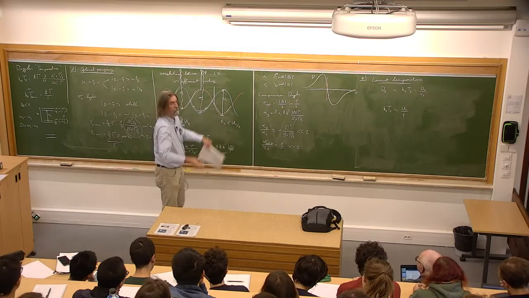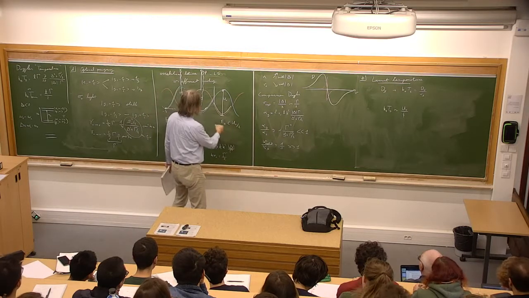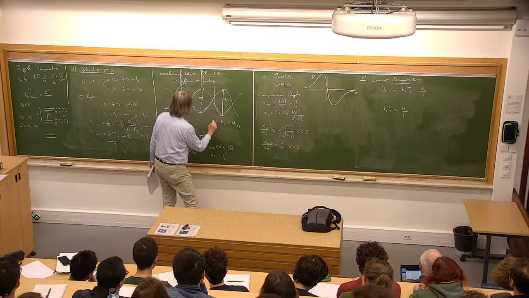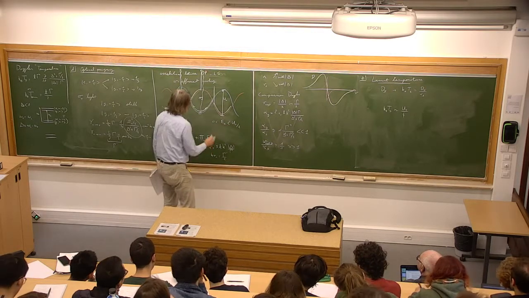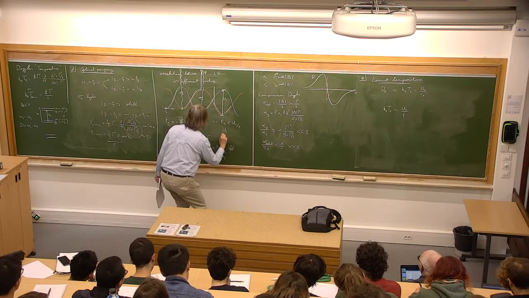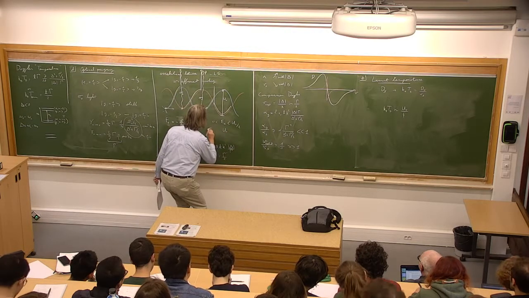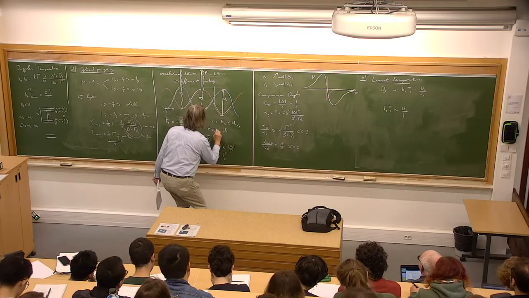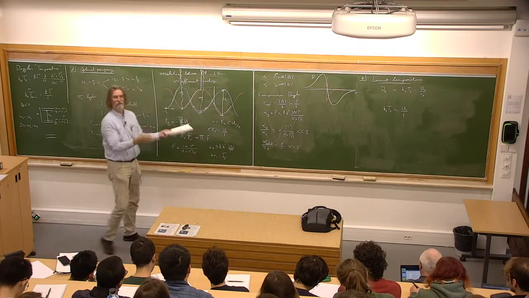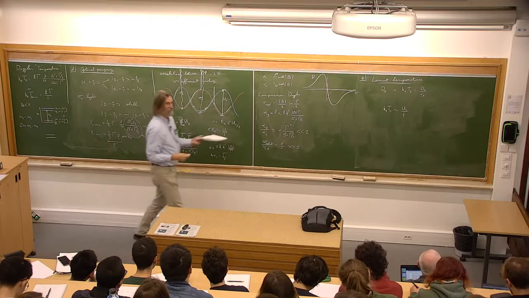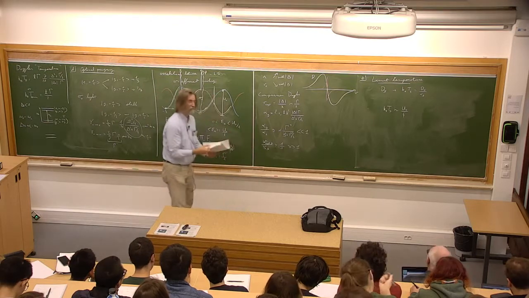Just hand-waving arguments say that your kinetic energy is bounded by U0 divided by 2, so its mean value is lower. Hand-waving arguments, but it works, so we are happy.